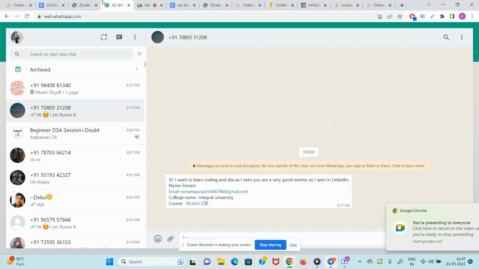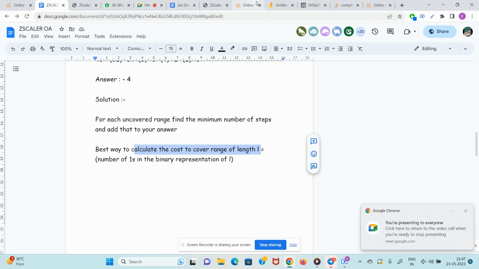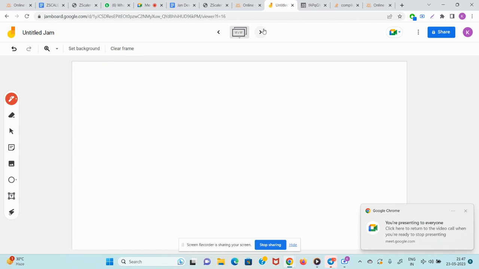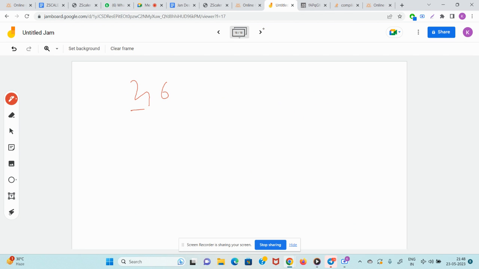Let's see if people understand or not. Let's say I did not know this concept. Clearing this is also very important. Other mentors would never do this, but I will clear it. Let's say you don't know what to do for 46, you don't know the binary concept. Then you can simply calculate all the powers of 2 till 2 raised to 64.